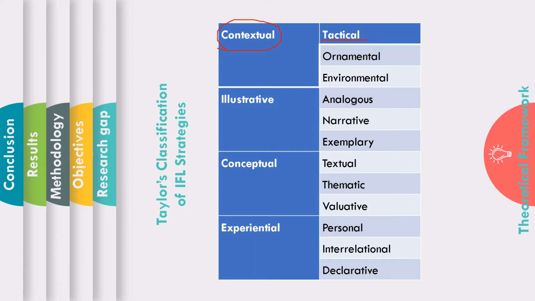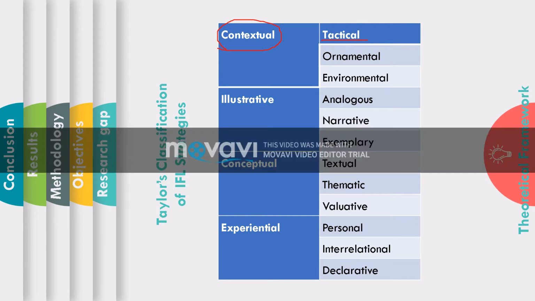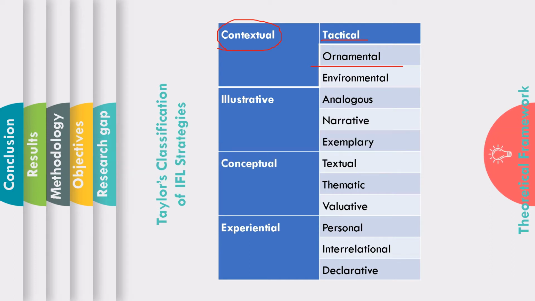Adventist is attached to Adventist school names for people to know that it is run by the Adventist Church. Ornamental are the decorations we put in our classrooms like Bible texts or quotes or pictures of Jesus. Environmental are more of the hidden curriculum like the philosophy, mission, and vision.